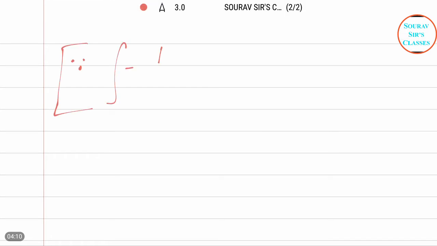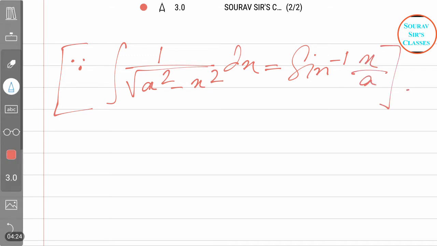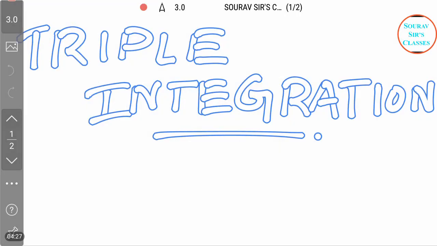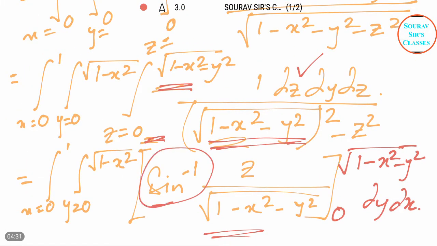and this is because integration of 1 by root over a square minus x square dx is equal to, we know, sine inverse of x by a. So that is why here we have used sine inverse.